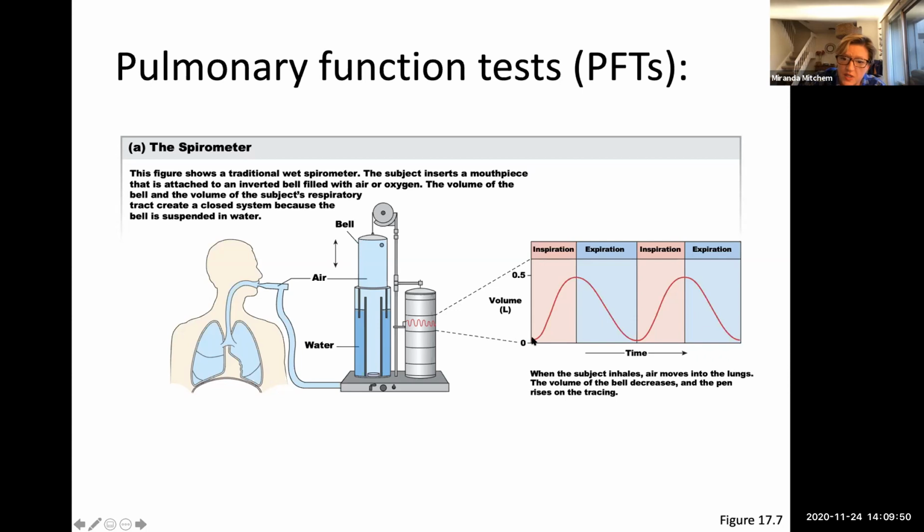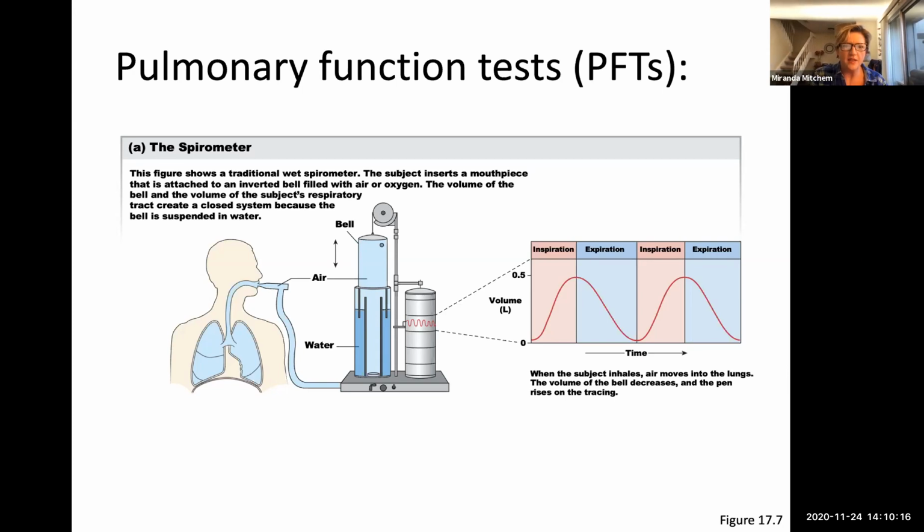So here's inspiration, so we're increasing our volume, followed by expiration. So this is one respiratory cycle. And then we have a second respiratory cycle followed behind. So the volume of the bell decreases, and then the chart recorder will start to trace it.